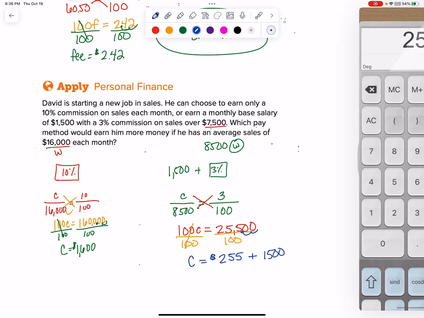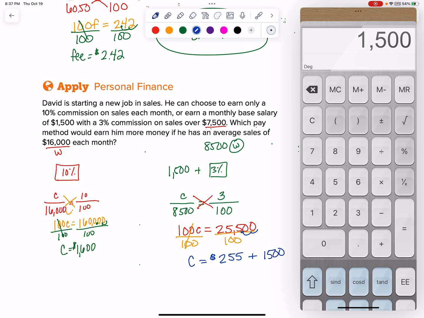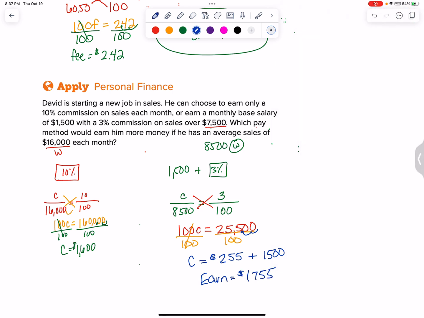We end up with $1,500 plus the $255, and we really end up with earnings of $1,755. So if that's the case, which deal is better, the flat 10% commission or this $1,500 with a 3% commission? Well, this is definitely the way to go.